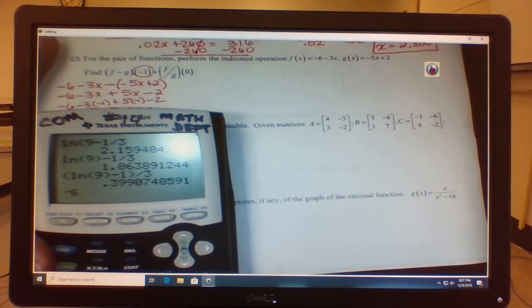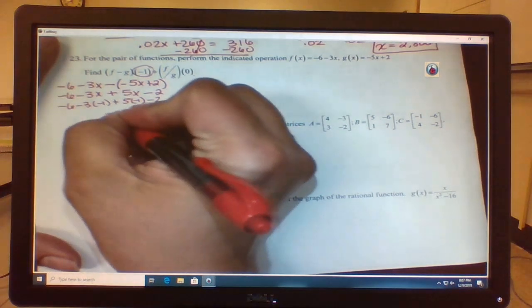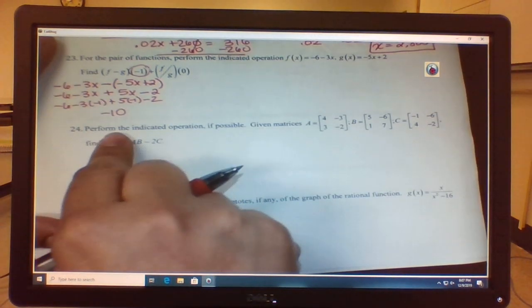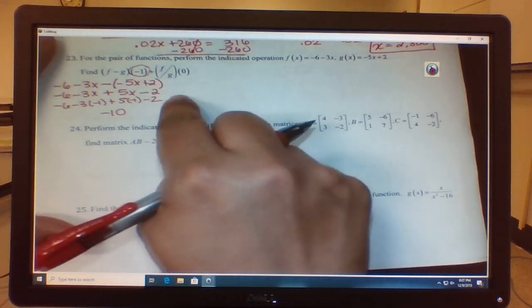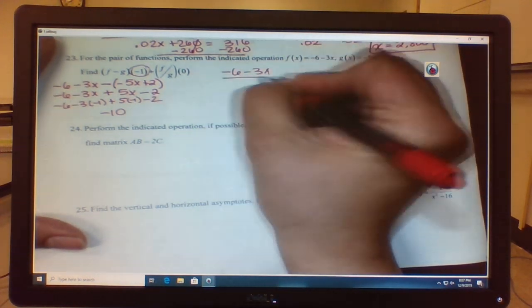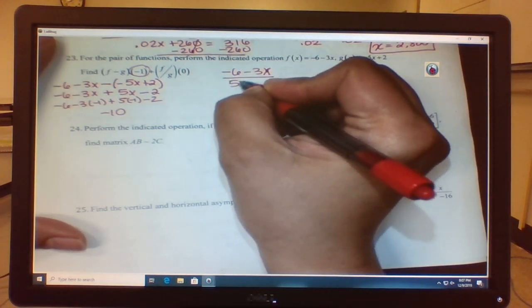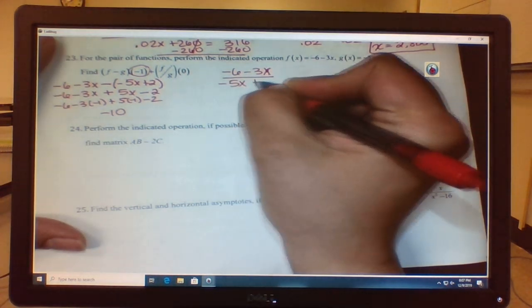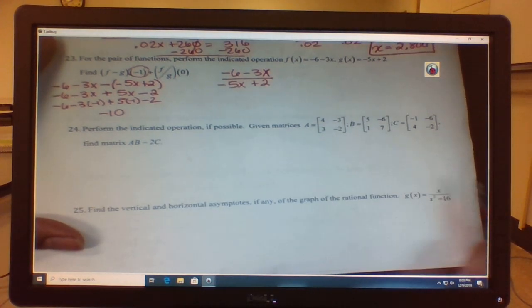-6 minus 3, parentheses, -1, plus 5, parentheses, -1, minus 2. The answer is -10. Perfect. I need to add that to the division of F and G. -6 minus 3x over 5x plus 2. But here for the division, they say to plug in what for every x?